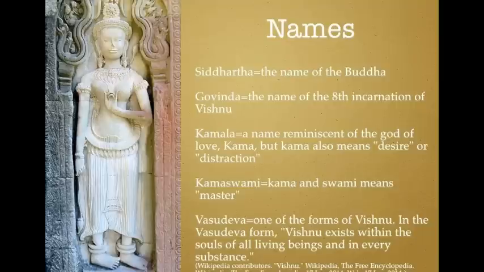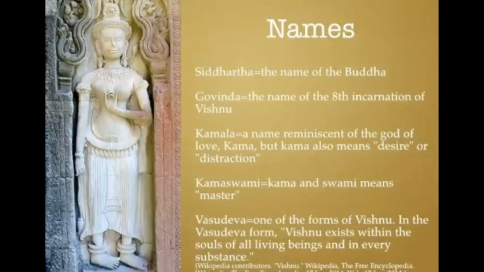So we have Govinda. Then we have Kamala. We're going to see her in chapter 5. Kamala is a name that's reminiscent of the god of love, Kama. But the word Kama itself means desire or distraction. And I think we'll see that Kamala is quite desirous and also quite a distraction to Siddhartha.